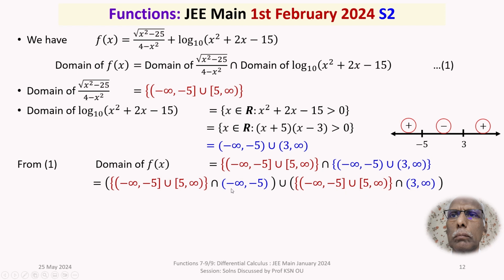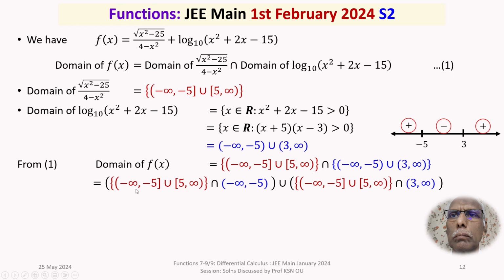Now you see minus infinity to minus 5 open interval lies completely in minus infinity to minus 5, so their intersection will be minus infinity to minus 5. The other interval and minus infinity to minus 5 are disjoint.